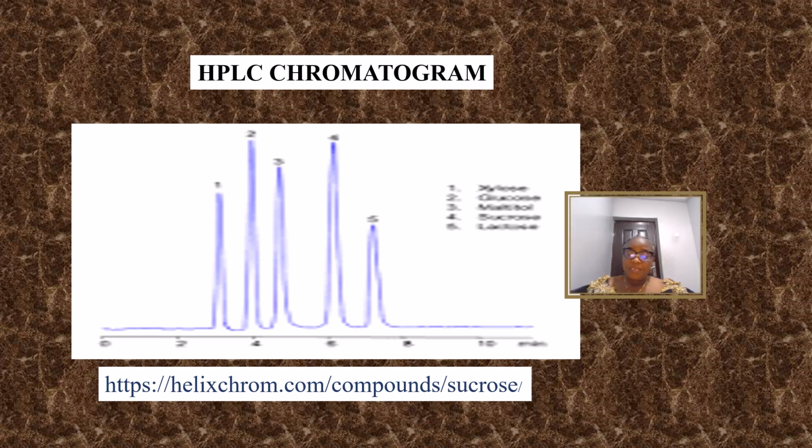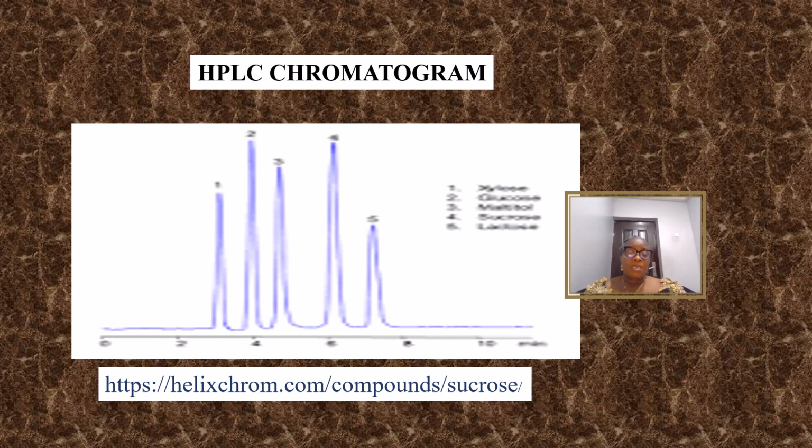The HPLC chromatogram. On the x-axis, it shows the time it takes for the analyte to pass through the column, while the y-axis shows the signal intensity, often measured in absorbance units or other detector units. The peaks represent individual analytes and characteristics, such as retention time of peak appearance, as shown on this chromatogram here.